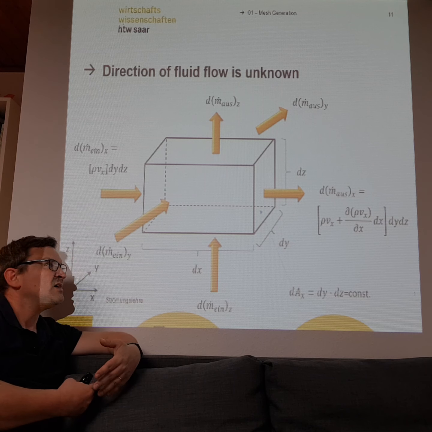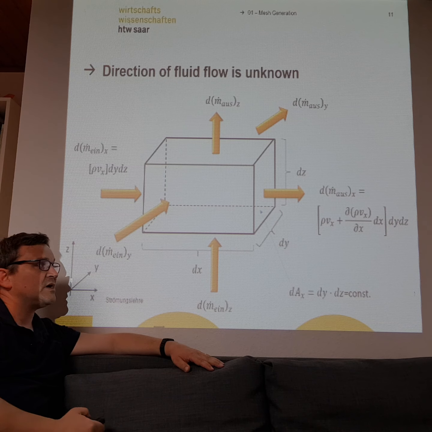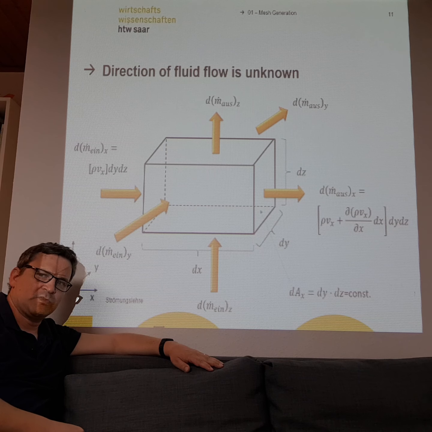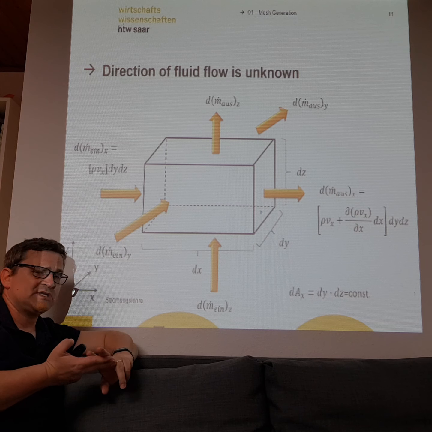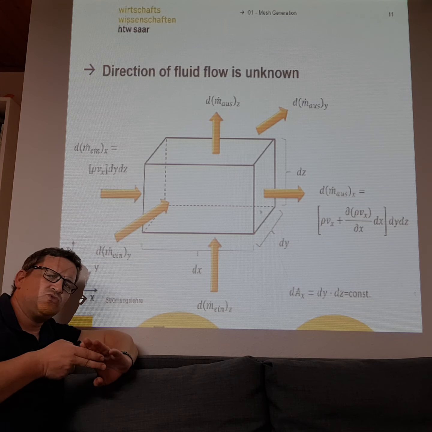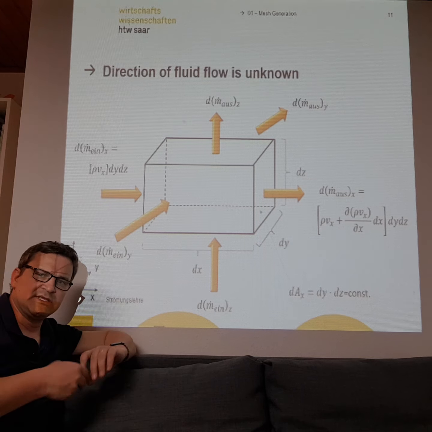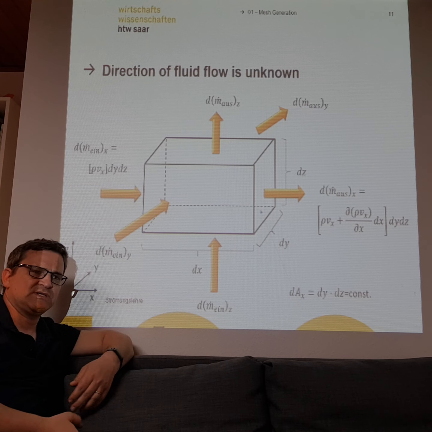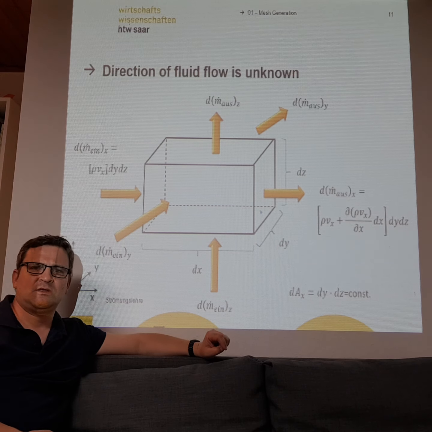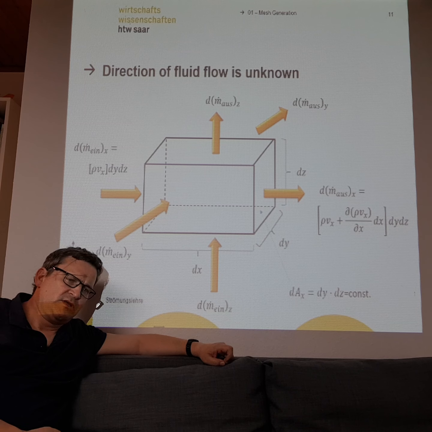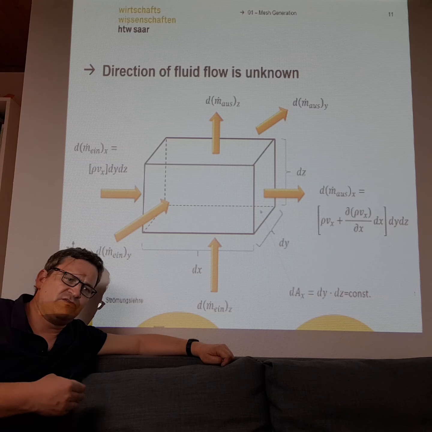If you have one cell, you need different equations for every face. And not only for mass flow, you also need them for momentum, turbulence quantities or temperature. So you get a huge number of differential equations, much more than cells. That's why you need so much CPU power and so much memory in your computer, maybe 20, 30, 40, 50 gigabytes of memory.